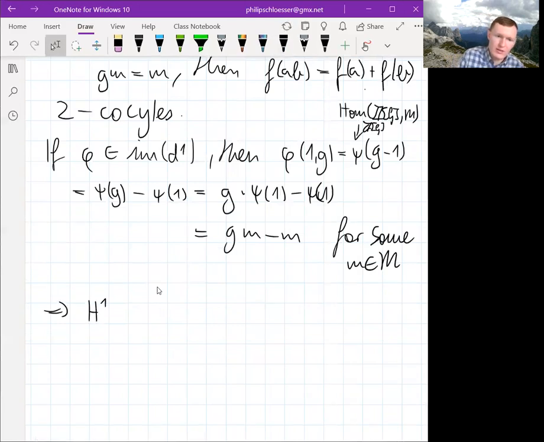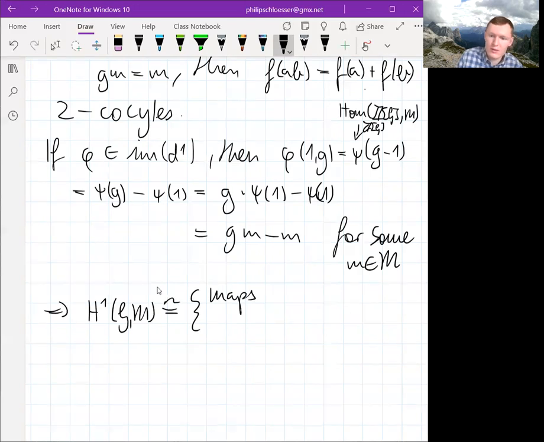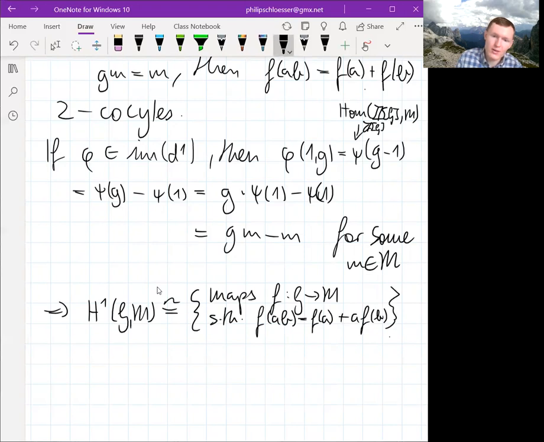So this shows that H1 of G, M classifies those crossed homomorphisms, maps f from G to M such that f of AB is equal to f of A plus A f of B, modulo the trivial crossed homomorphisms that are of the shape f of A equal to A m minus m for m in M.